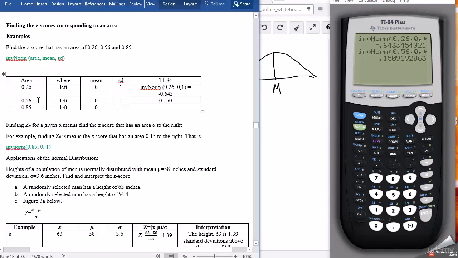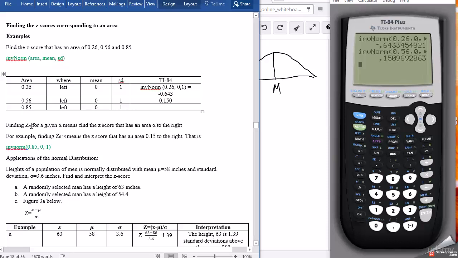Again, you can see that 0.56 is bigger than 0.5, so it has to be to the right of the mean, which will give us a positive z-score. The same thing is going to happen for 0.85. It's greater than 0.5, which means the z-score will be to the right of the mean, which means we'll have a positive z-value.